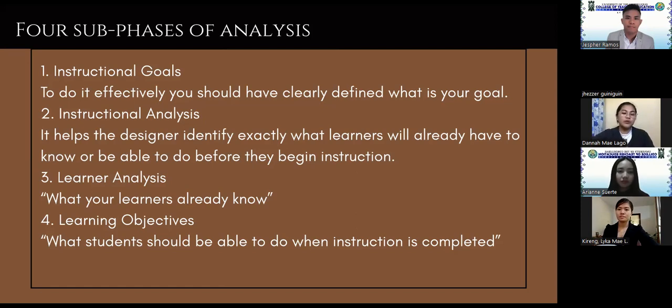So the third will be the learner analysis. So here, this is what your learners already know. If you have one specific student, it is easier to do the analysis. You just need to talk to him or her.